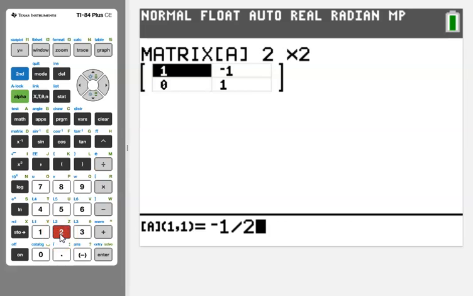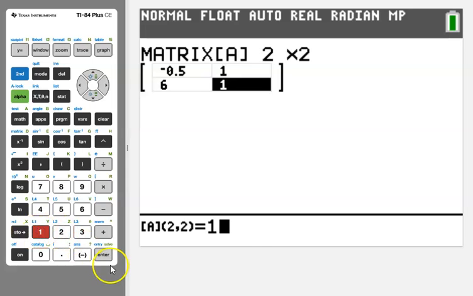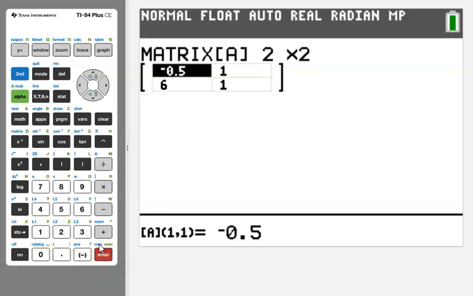The older model calculators do not have that feature, so you can just type a fraction like dividing, negative 1 divided by 2. So just so you know. All right, and then 1, enter, 6, enter, 1, enter. So those are my coefficients for matrix A.